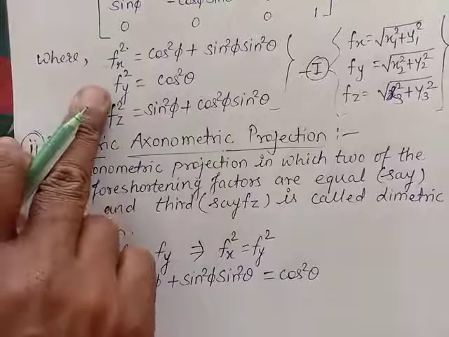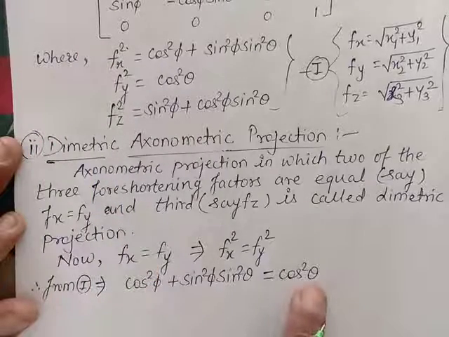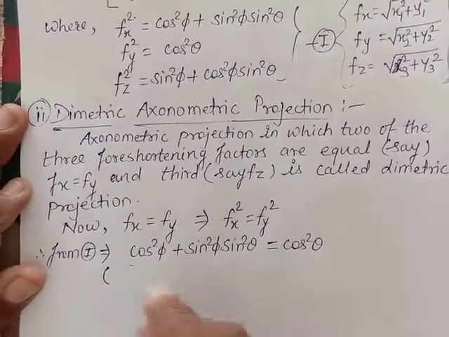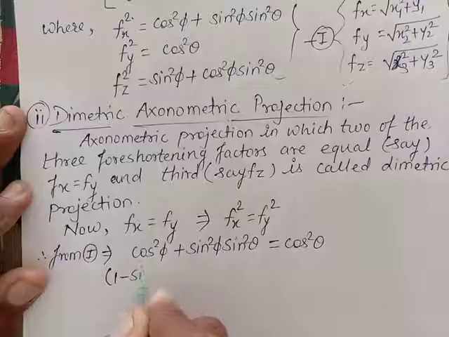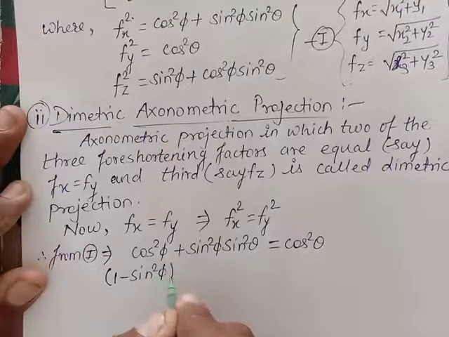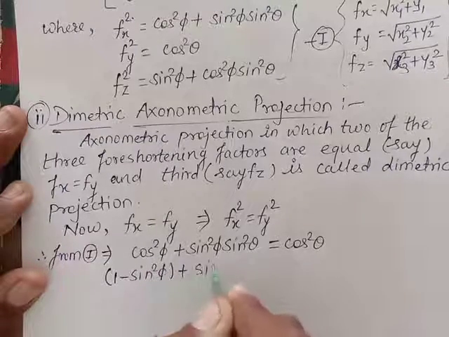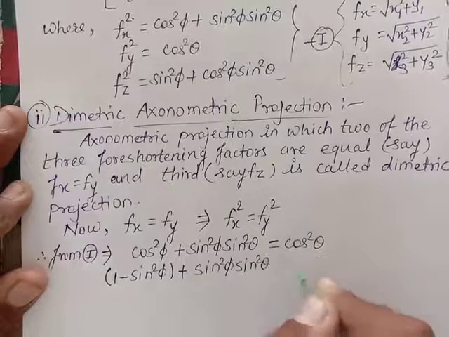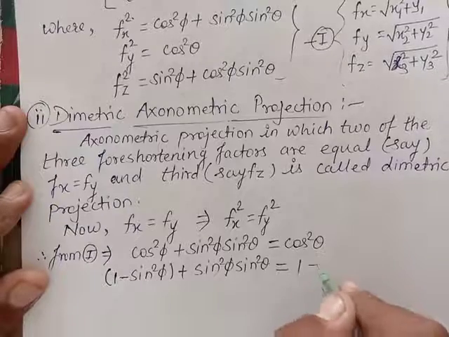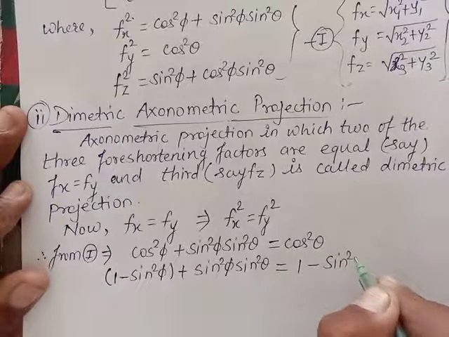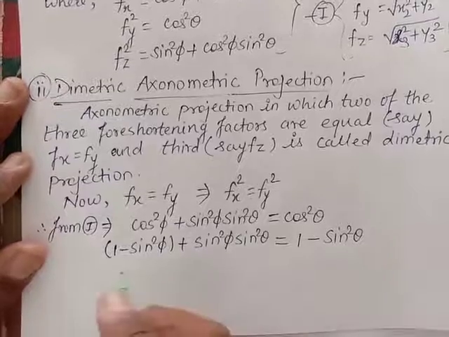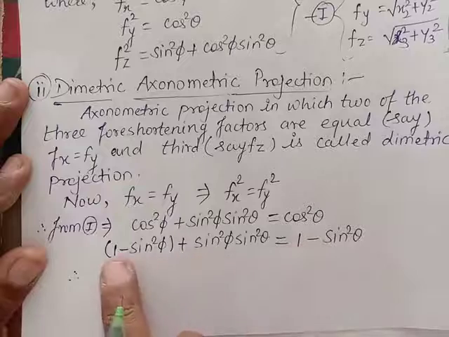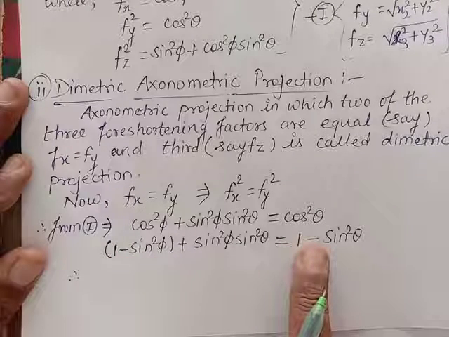So fx square equal to fy square. So these are equal, right? So now here this cos square phi can be written as 1 minus sin square phi, plus sin square phi into sin square theta. And this cos square theta is 1 minus sin square theta. Okay. Therefore, now here these ones are cancelled.